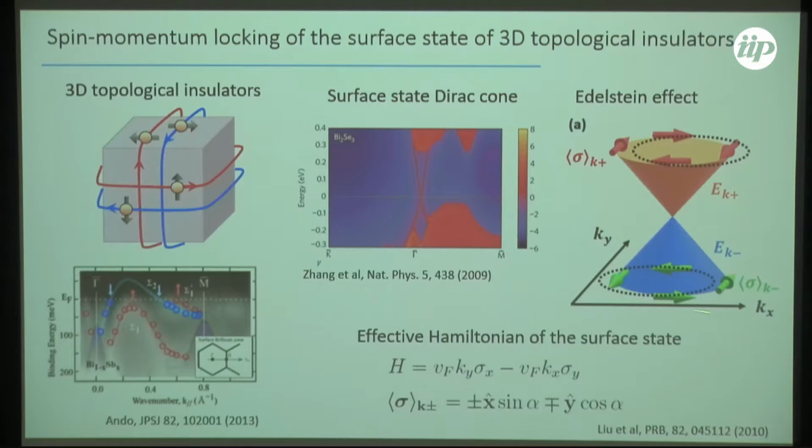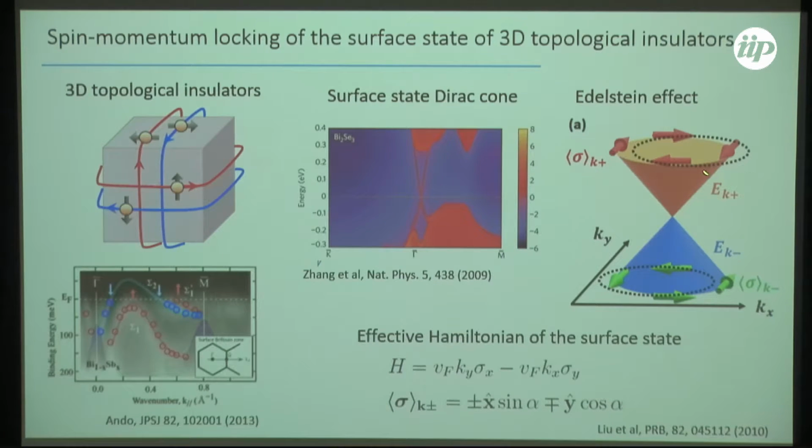You will also have Edelstein effects if you apply an electric field or electric current. The simple physical picture is that the spin-momentum locking of this Dirac cone for the electron cone and for the hole cone are actually opposite.